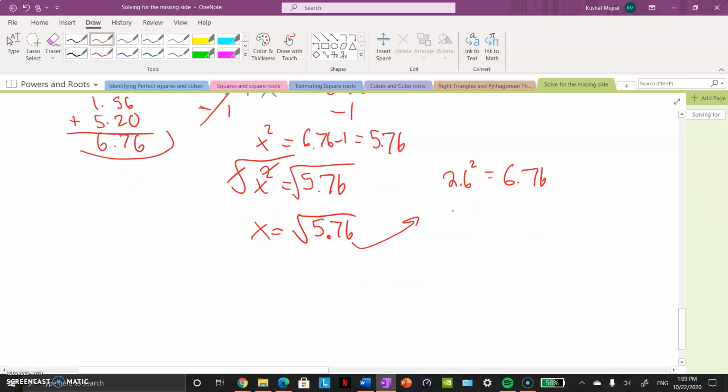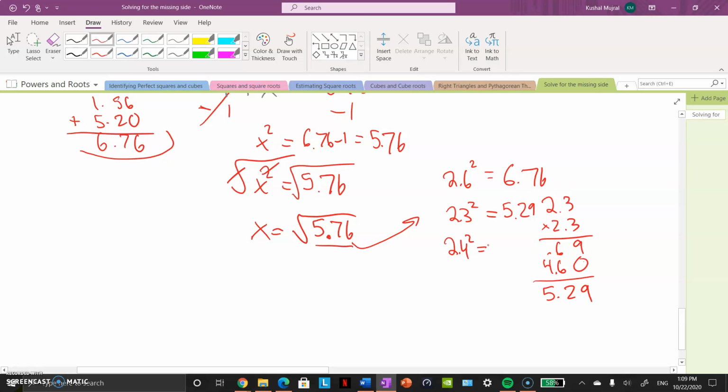So, let's try 2.3 squared. 2.3 squared is, let's do 2.3 times 2.3. This becomes 5.29. Okay, so 2.3 squared is 5.29, but we want 5.76. So let's try 2.4 squared.